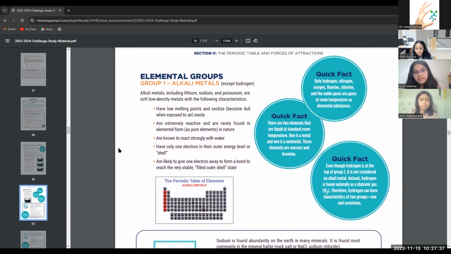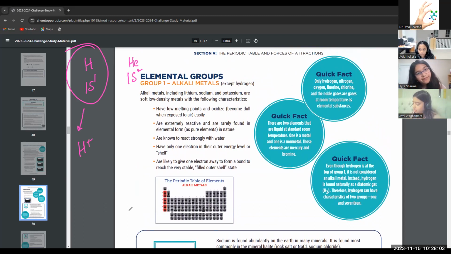That's a good question. You know hydrogen's electron configuration, children? It's 1s1, right? And who is next to it? Helium. Helium is 1s2. So hydrogen has two options. It can lose one electron and become H plus, when there is no electron.